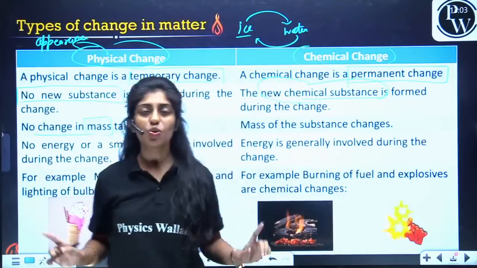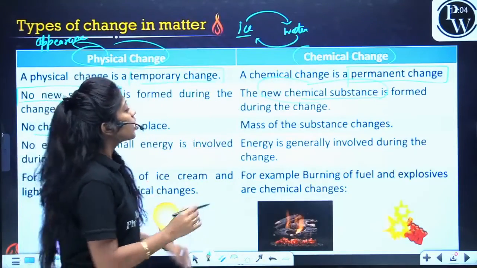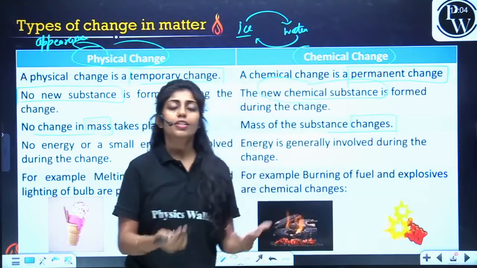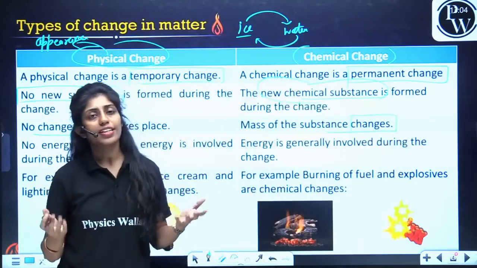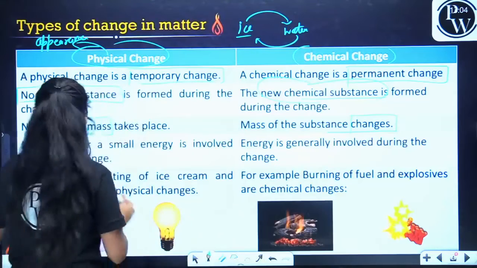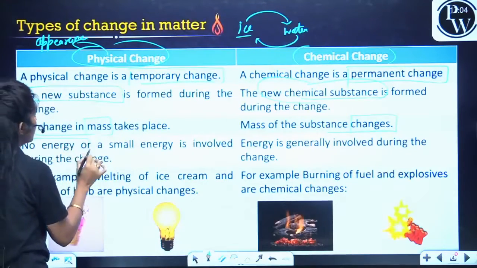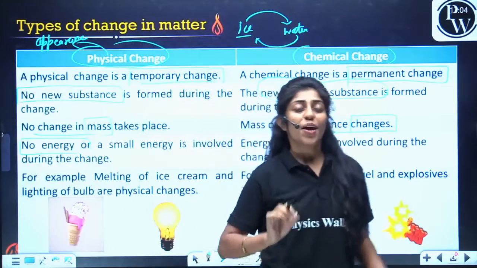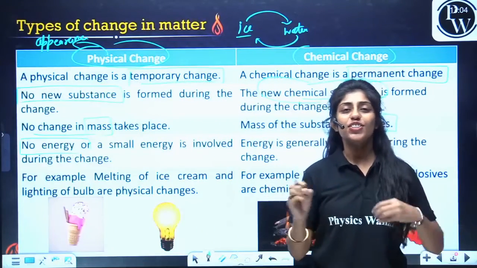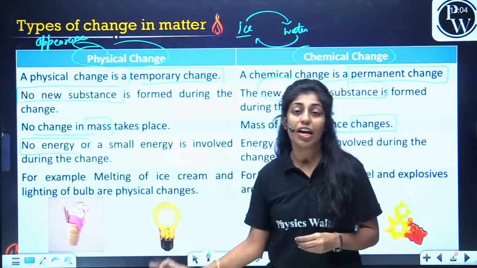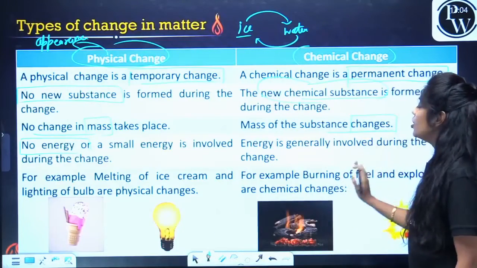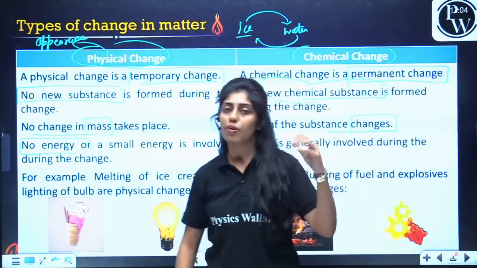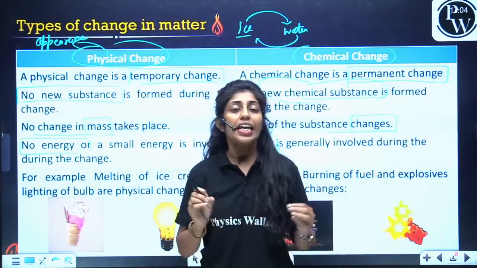So there is no change in mass, but the mass of a substance changes when it takes part in a chemical change or chemical reaction. Next, no energy or only small energy is involved in a physical change. Basically in a physical change not much energy is required, while in a chemical change, energy is definitely required, in the form of light, electricity, or any form.